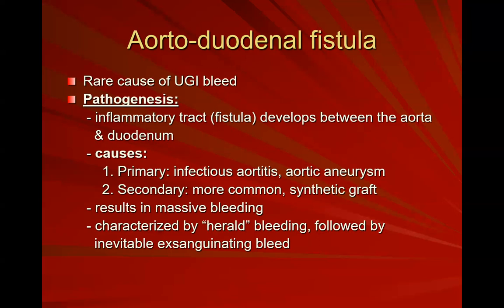Symptoms would be very similar to all of them, but you have to think of what might be the cause. The characteristic bleeding over here could be something called herald bleeding. What do you mean by that? It would start with a little bleeding, and then it would stop, and after that it would be hemorrhagic bleeding.